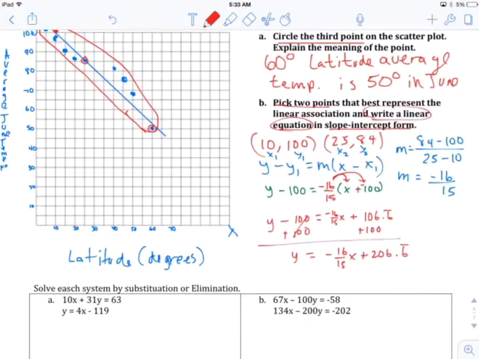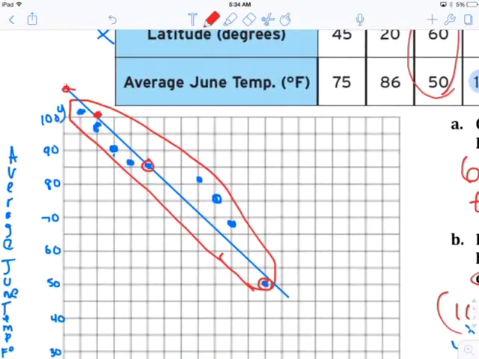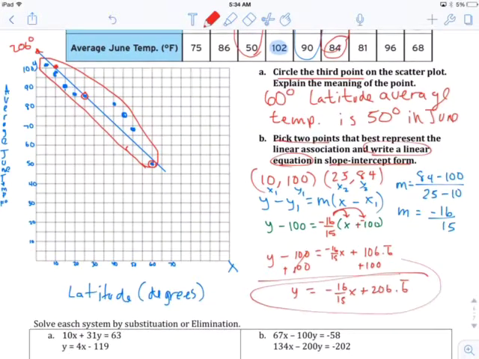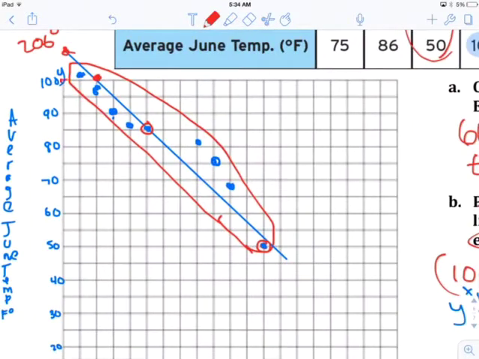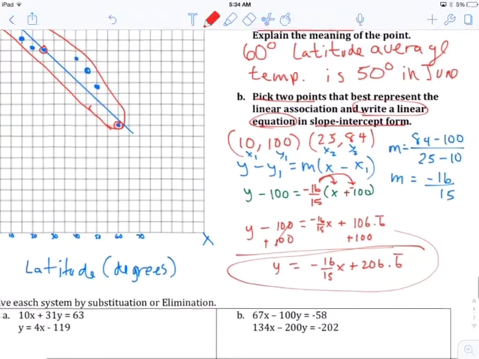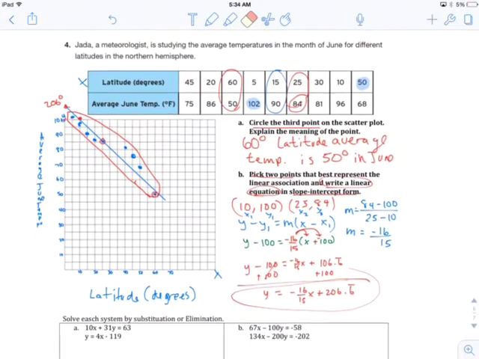Your y-intercept is at 206, so right here is 206 degrees Fahrenheit. It looks accurate because 100's right here, 200's right there. Your y-intercept should be positive, so if you get something negative, you know your answer is wrong. Somewhere you made a negative mistake, so go back and check for your negative errors.